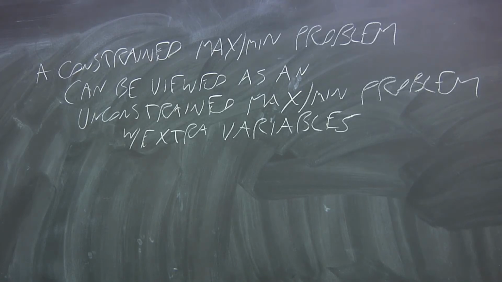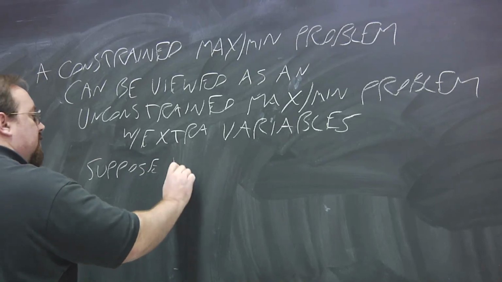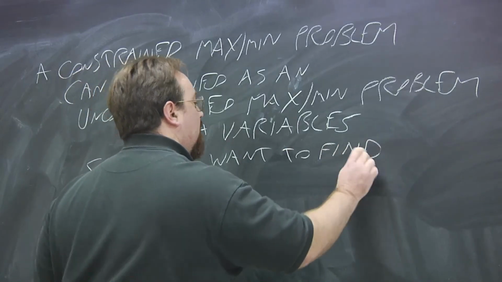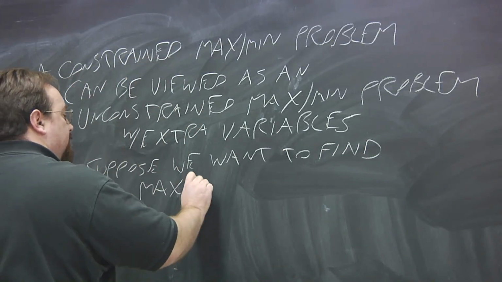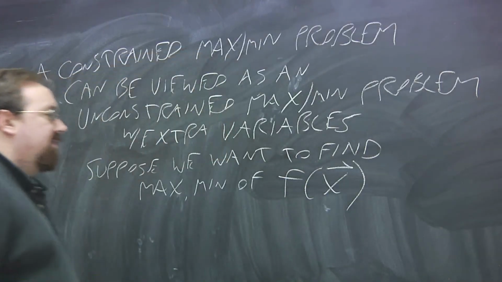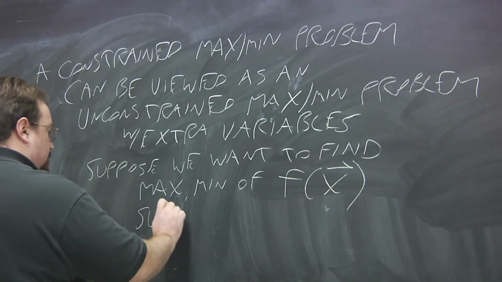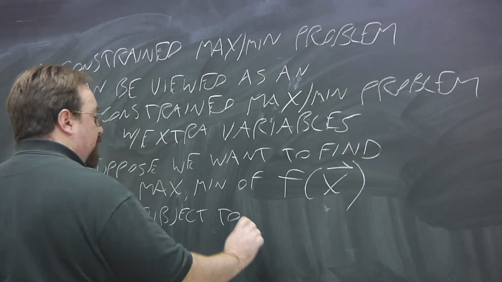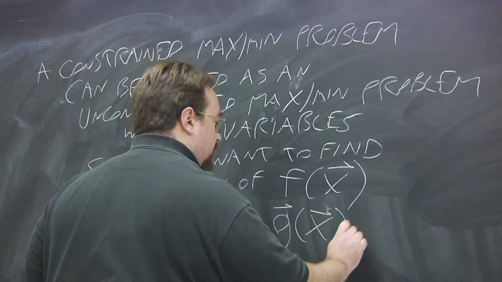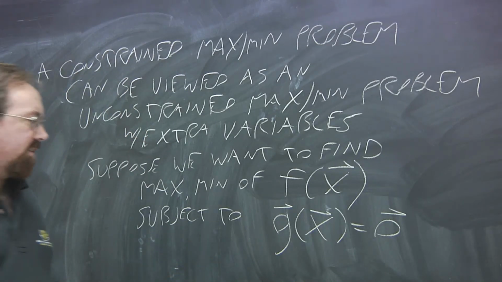So to see what the equivalence is, suppose that we want to find the max and min of some function f of x, a function of however many variables we have, subject to a constraint that's described by a vector-valued function, g of x.